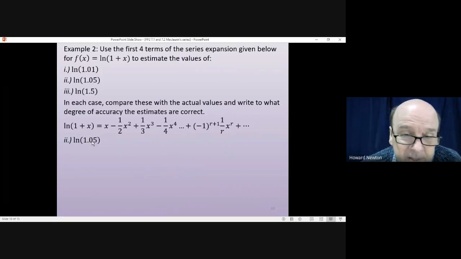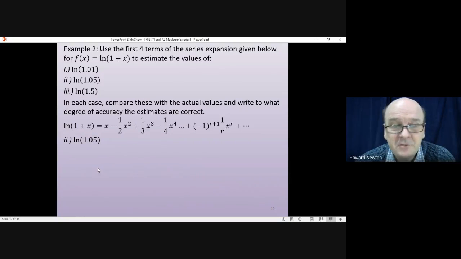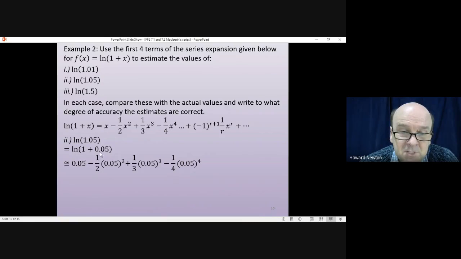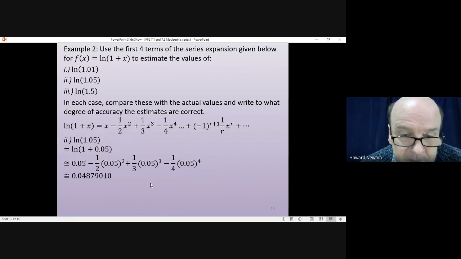Now, when we increase the size of x here, the degree of accuracy will go down because these terms will stay slightly larger. So the log of 1.05 is the log of 1 plus 0.05. Substituting in x equals 0.05 into the series would give me that. Throw all that in the calculator and you'll get 0.04879010.